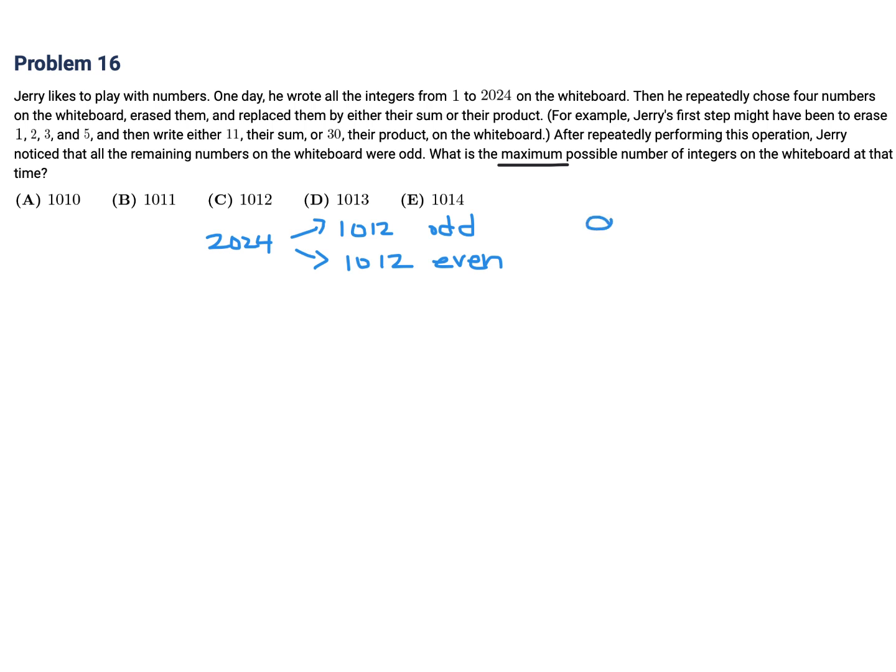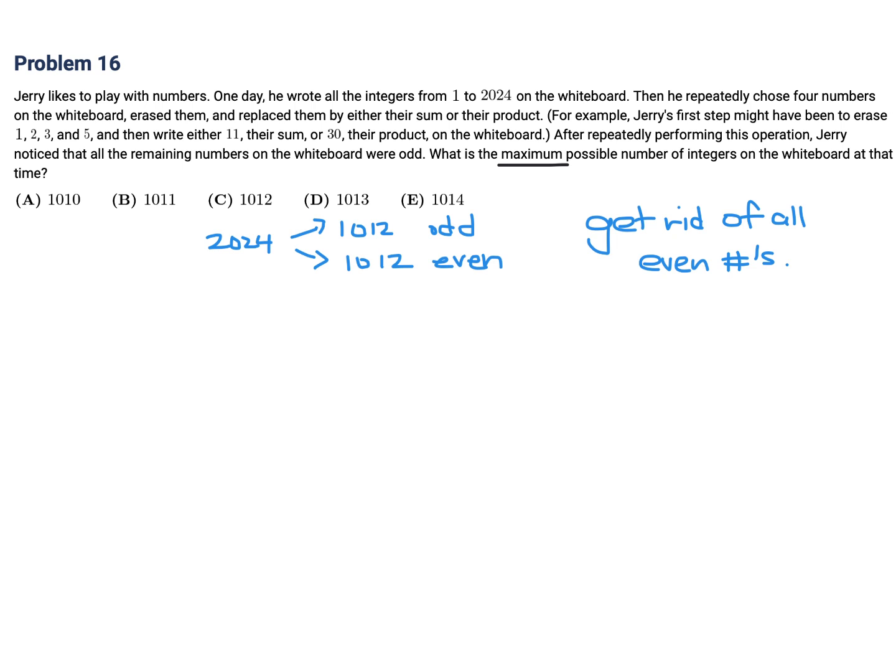Now our goal is to get rid of all even numbers. That's our goal, correct? Okay, and the way it works is that, let me go back here. He chooses 4 numbers, erases them, and replaces them. Yeah, then he repeatedly chooses, and after repeatedly remains the odd maximum number.